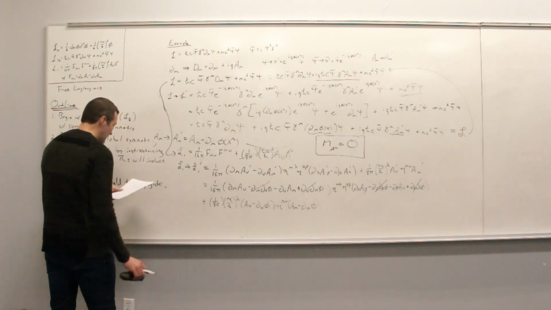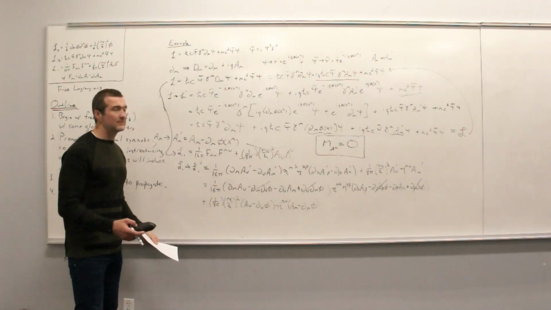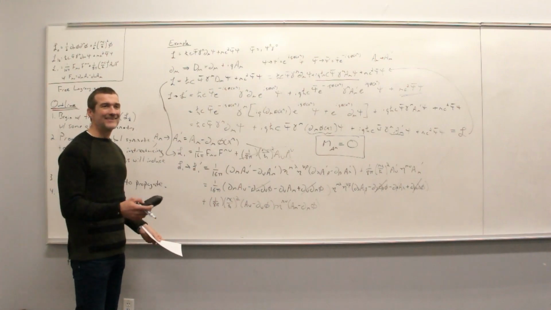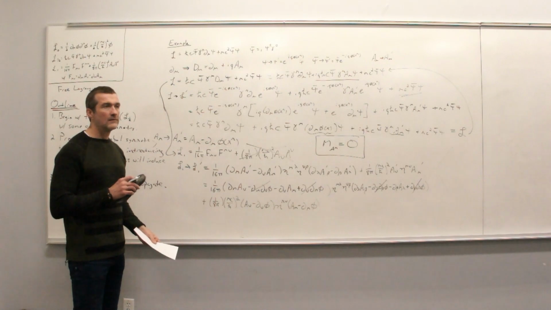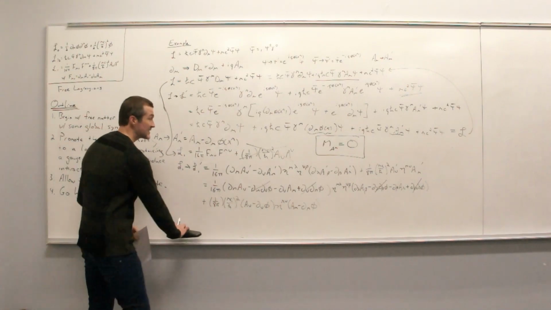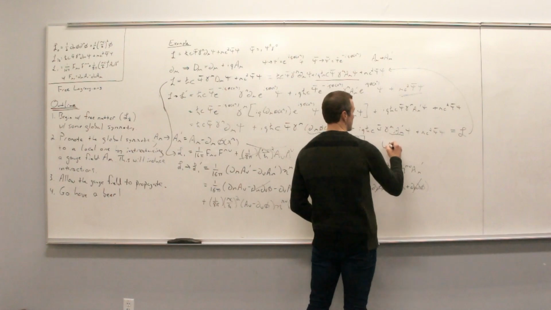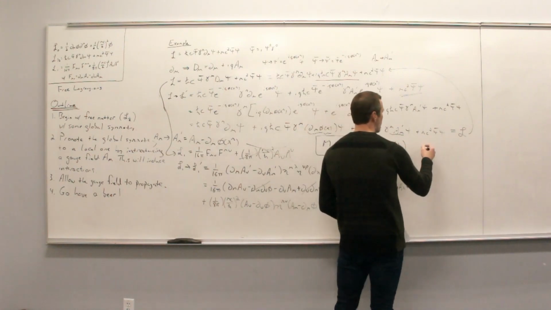Okay. So, what is the group that characterizes these transformations that I just did? What group do you think governs? I know you know, Ross. Sam? Yeah, this is U1. Okay? Remember, what is U1?